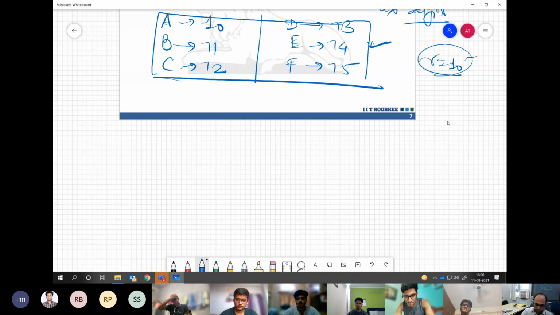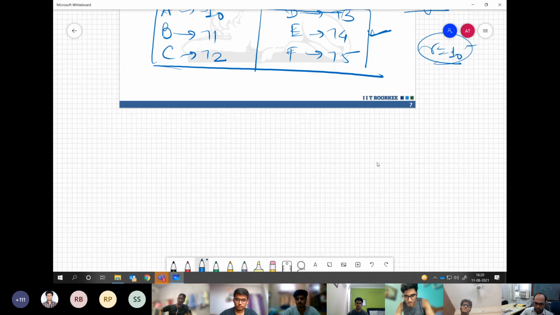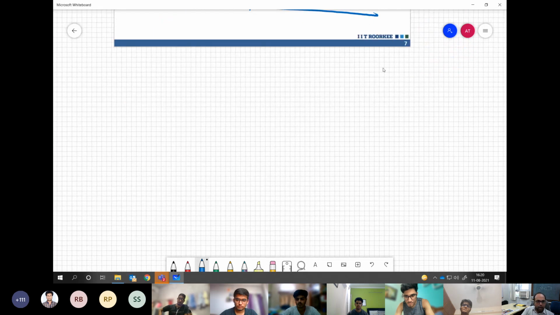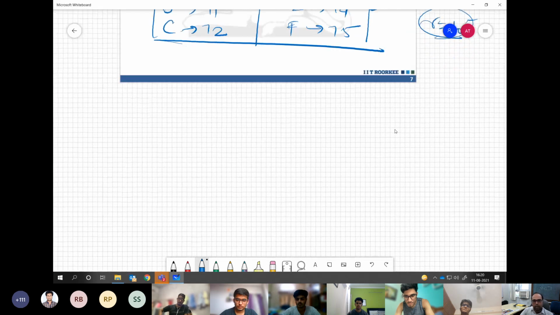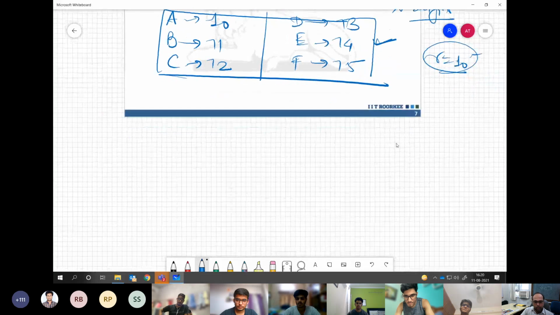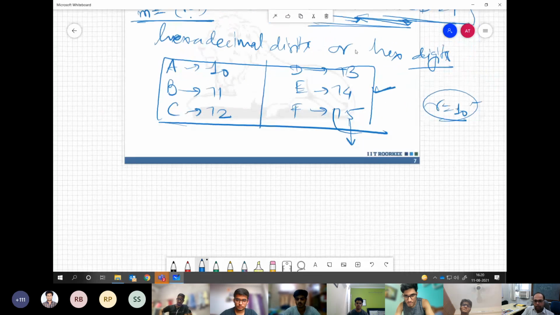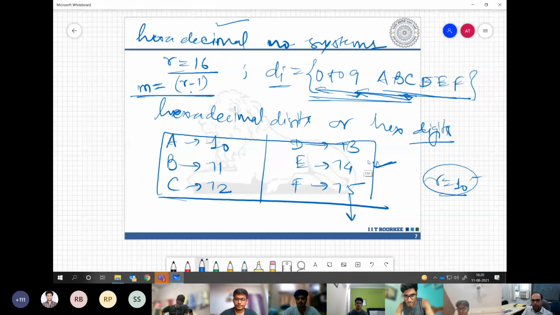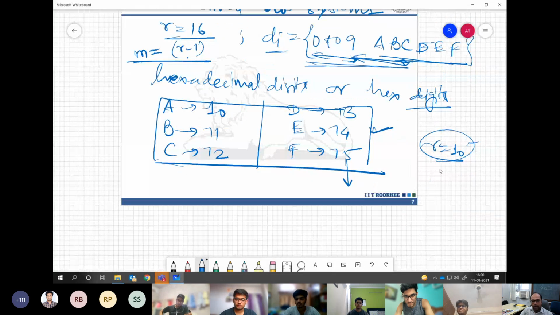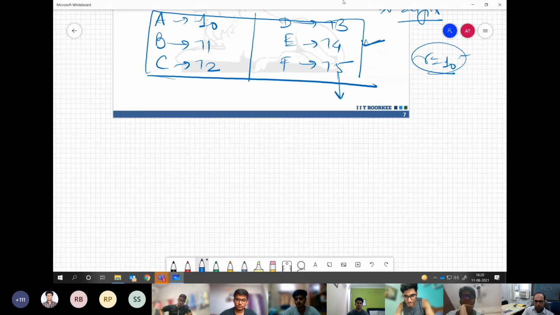So if we have to convert the same number, let us say, and of course, another thing just to mention is that this is the highest integer that can be represented in a 4-bit number system. So we are clubbing 4 bits together of the binary system.